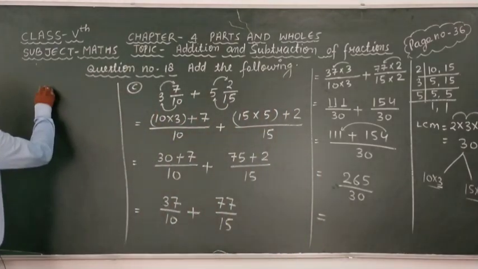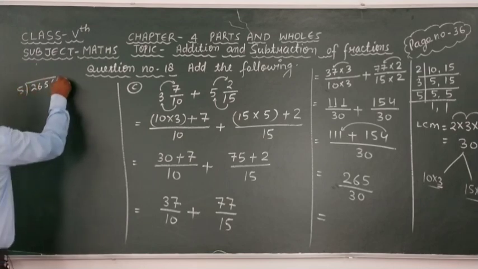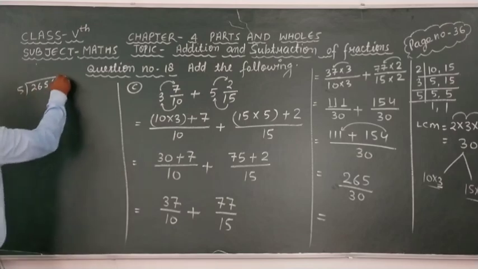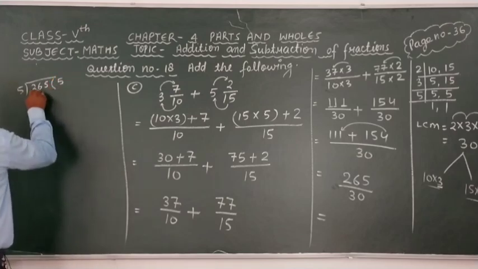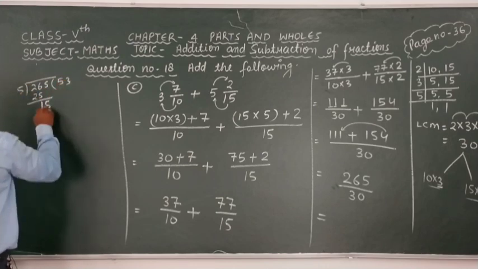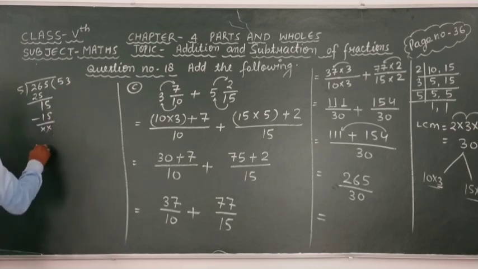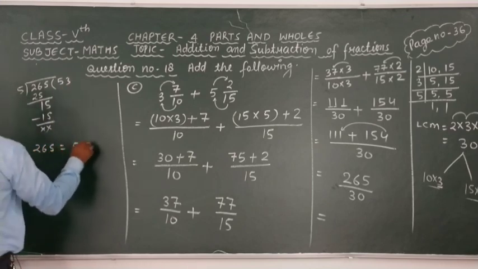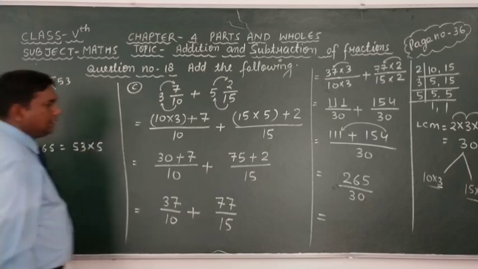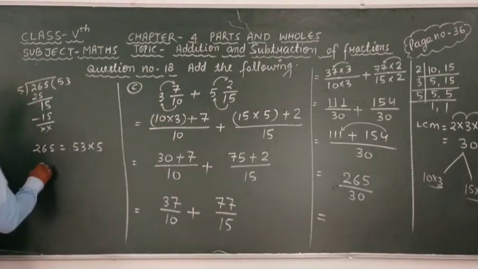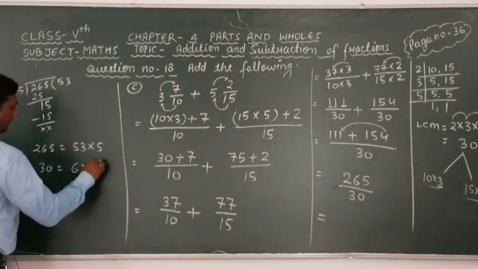5. Look at here carefully. 25 divided by 5 is 5. 5 fives are 25. Here we get 1. 5 threes are 15. Okay. It means that 25 is equal to 5 multiplied by 5 and 30 is equal to 6 into 5.